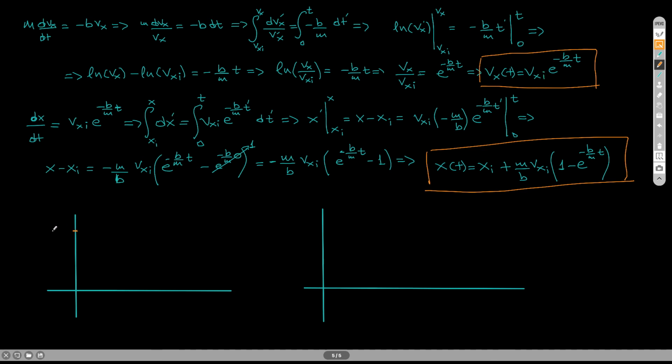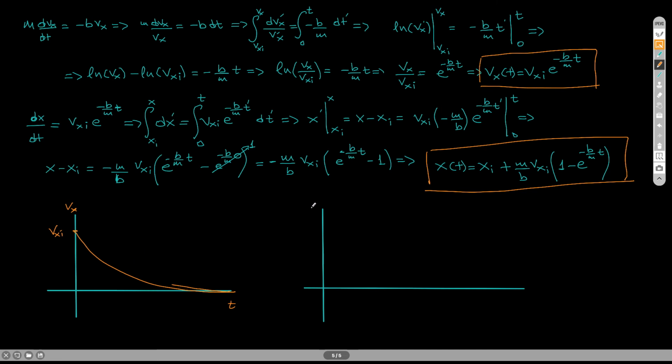At the end, because I have e to the minus a large number, my velocity will be approaching 0, and this is what the graph will look like for vx.